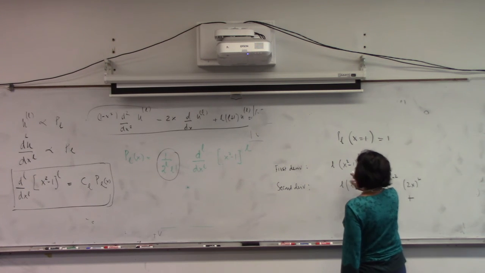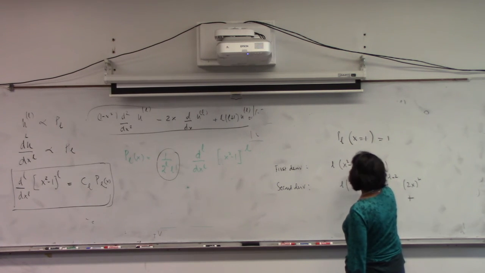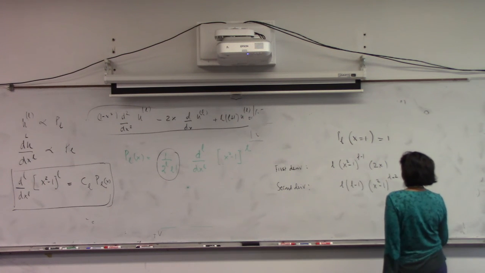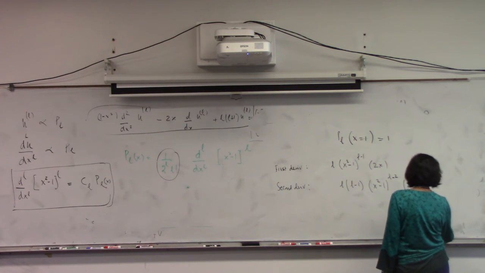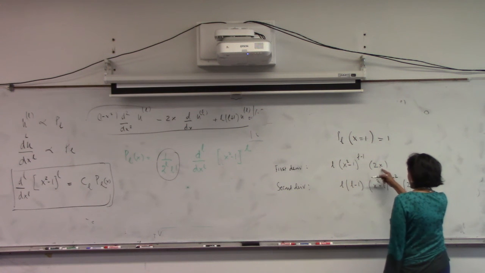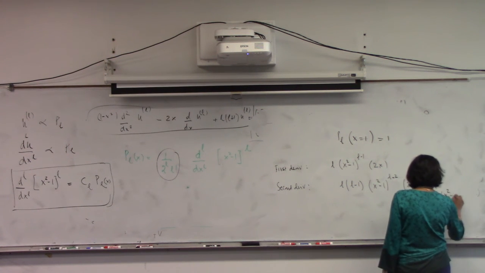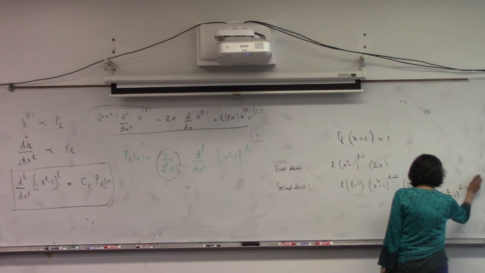This is the first derivative only. L minus 1, 2x. Then I will have the other term, which is 2L, when I take the derivative there, x squared minus 1, minus 1.